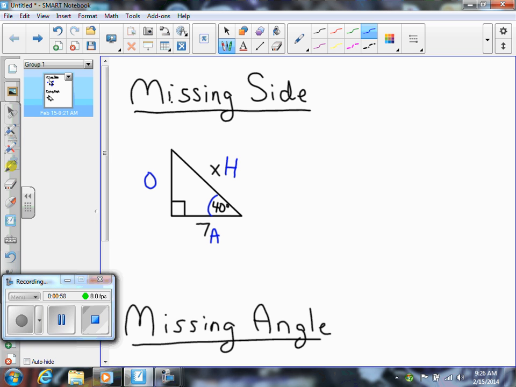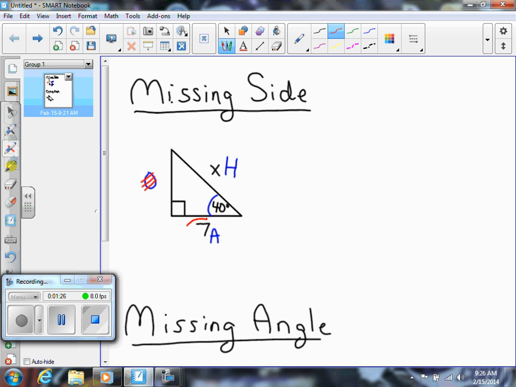From this point, if we take a look at our trig functions on our formula sheet, our primary trig ratios, we'll find that each one has a different pair of letters. If we go back to our diagram and cross out the O, it doesn't have anything written beside it.